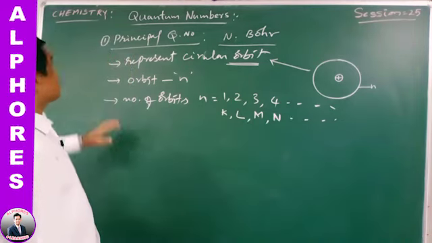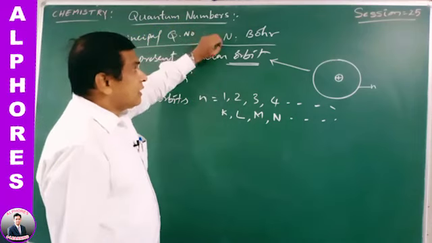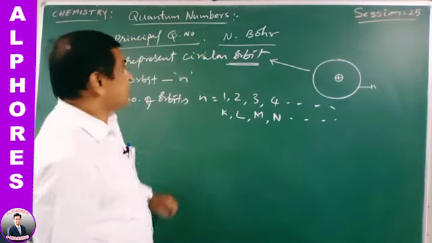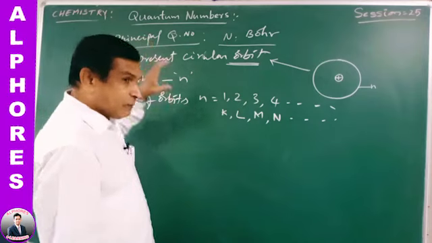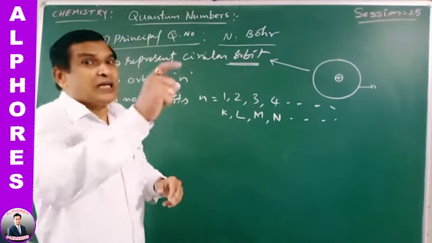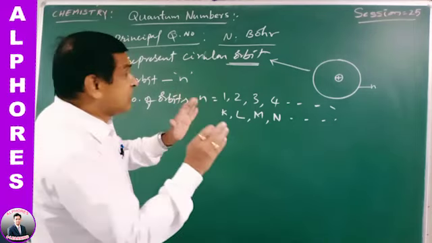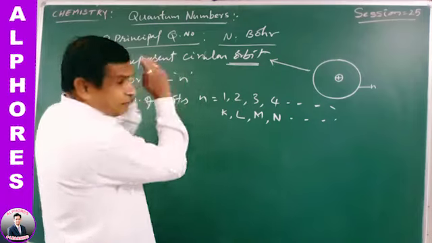So once again, principal quantum number was explained by Niels Bohr. Principal quantum number represents the circular path, that is the circular orbit, in which the electron revolves around the nucleus. The orbit is denoted by the symbol n.